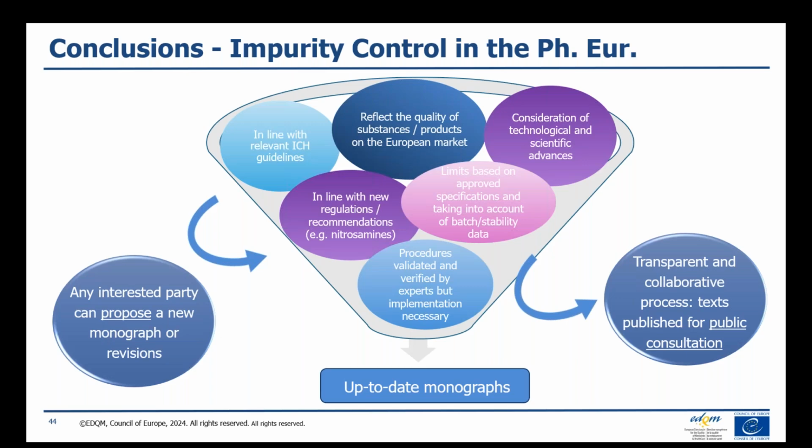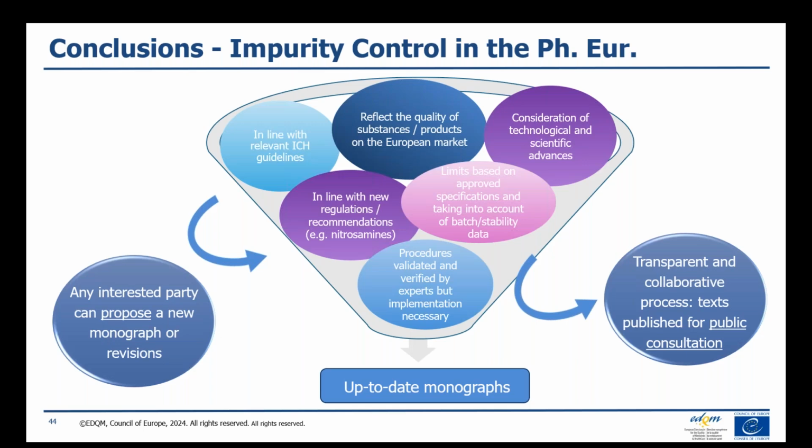We also update our monographs based on new technology or scientific advances. So we try to avoid the use of TLC, and we now describe more and more LC methods, for almost all monographs. And as I explained, our monographs really reflect the quality of the substances or products which are available on the European market.